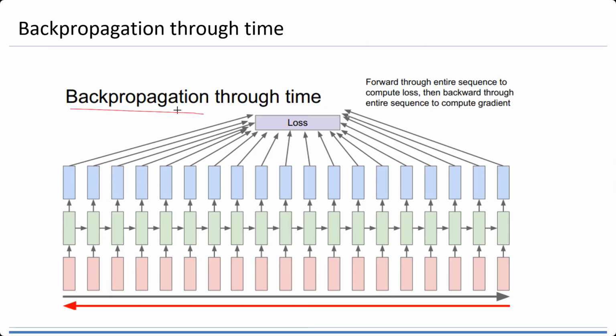Back propagation means that after I have an input and it goes to the layer, let's say this is the input, this is the hidden layer, and this is the output layer, in order to update the weight, we can back propagate and update the weight. But in this case we are not going to update the weight at each step, because we are using the same weight for every hidden state.